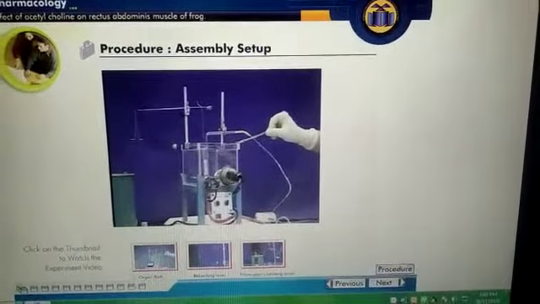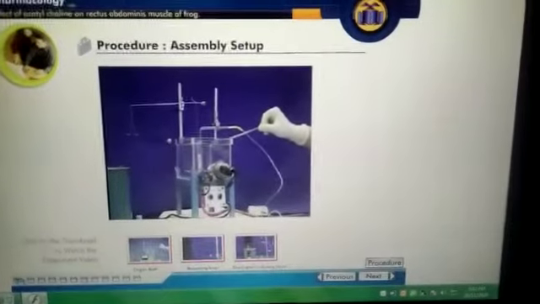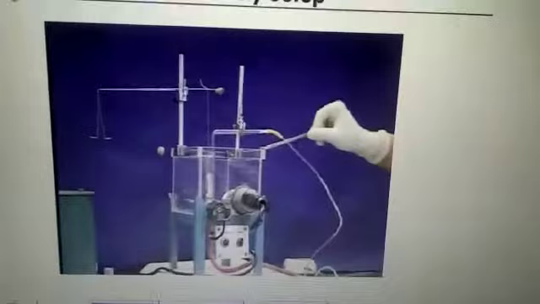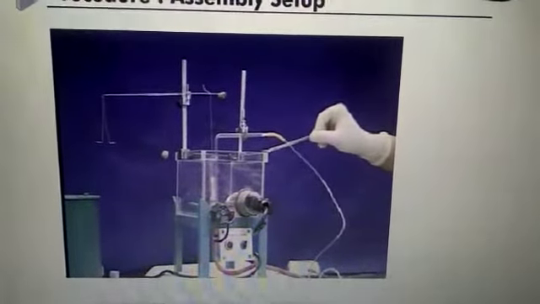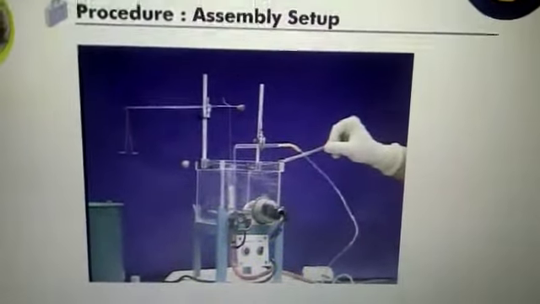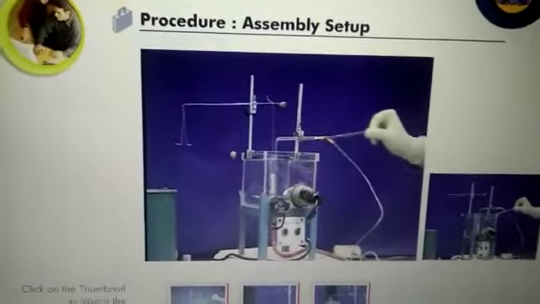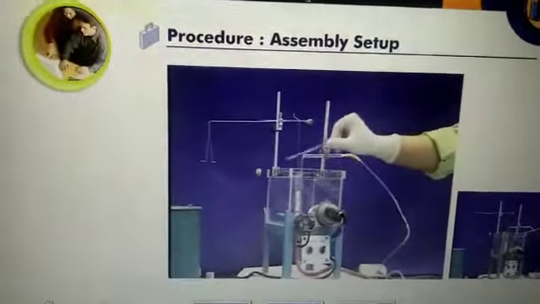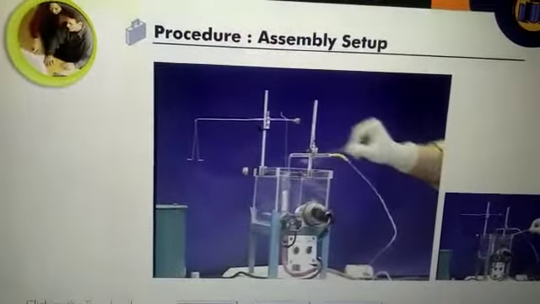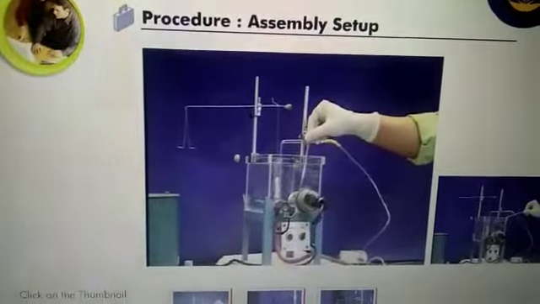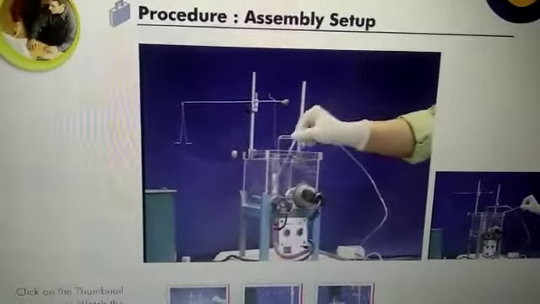Assembly setup. The assembly setup for experimentation of frog's rectus abdominis muscle preparation consists of organ bath. The organ bath consists of an outer jacket, which is also known as water bath, made up of steel or glass.